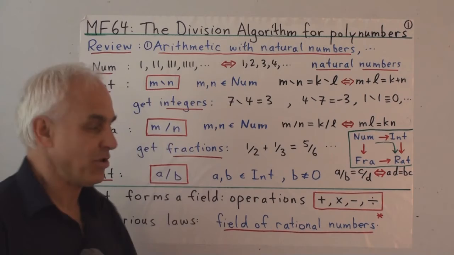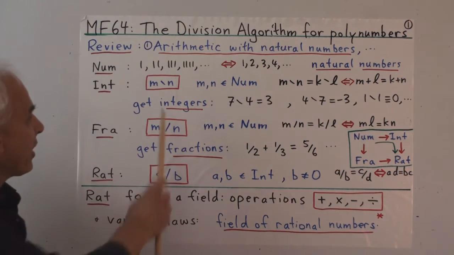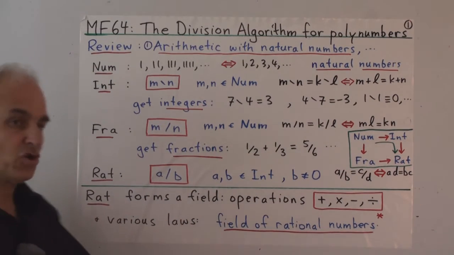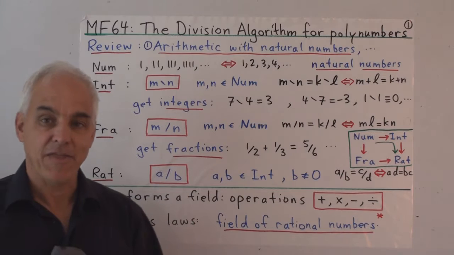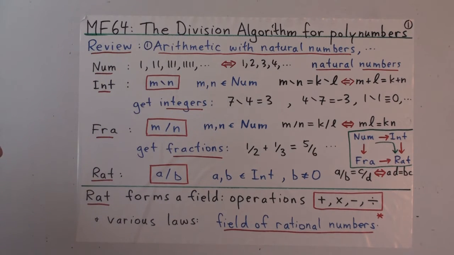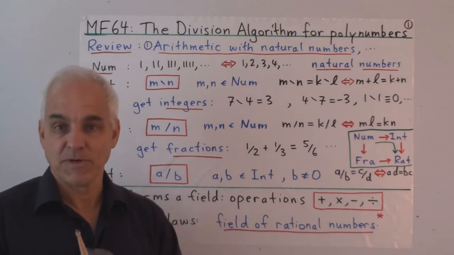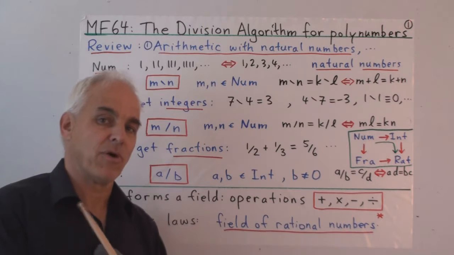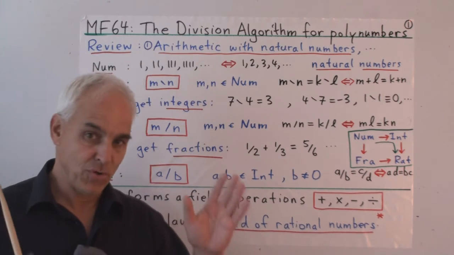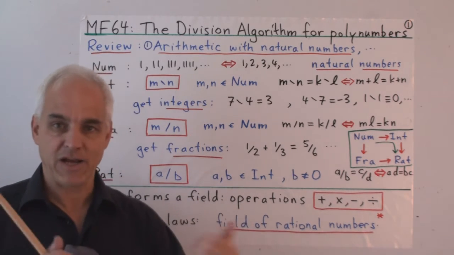Let's go right back to the beginning of the series, where we started out by talking about arithmetic with natural numbers, and then integers, and then fractions, and then finally rational numbers. So we did that in stages. And it's instructive when we start thinking about arithmetic with polynomials to go back to arithmetic with ordinary numbers, because as we'll see, the two subjects are very parallel, have a lot of close connections.